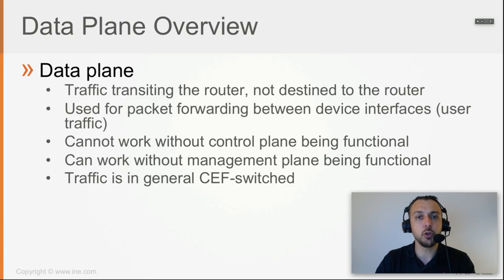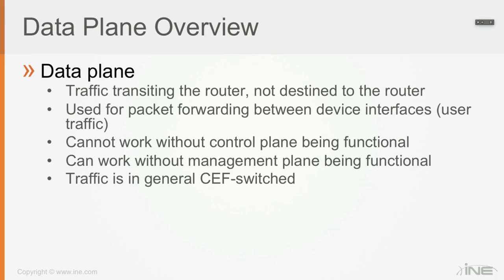So the control plane has to be built before the data plane can work. But the management plane doesn't need to be functional for the data plane to work. So for a router to be able to route packets back and forth, it doesn't mean it has to be managed via SNMP or that Telnet on the router has to work.